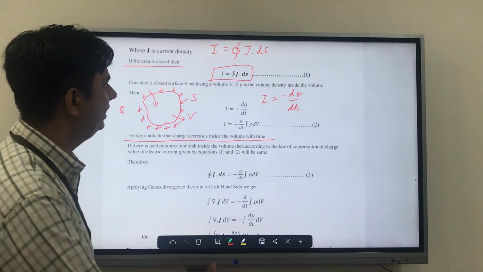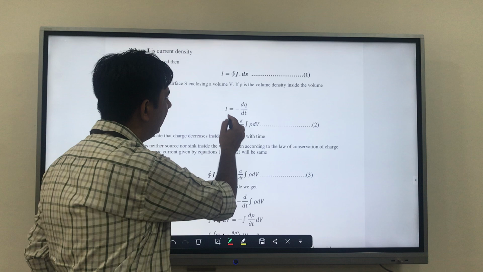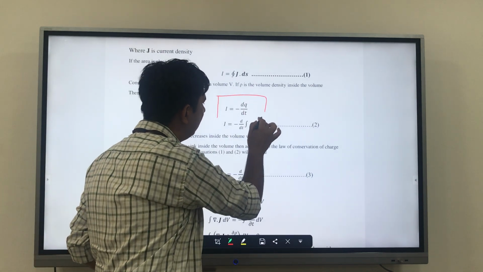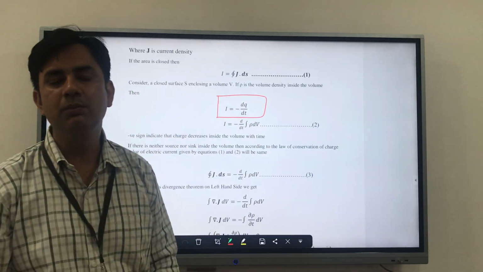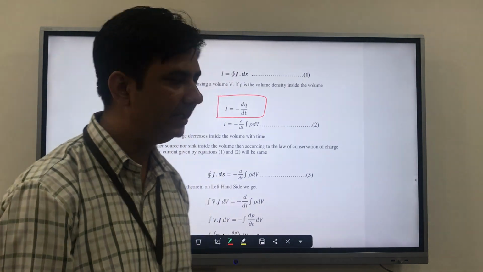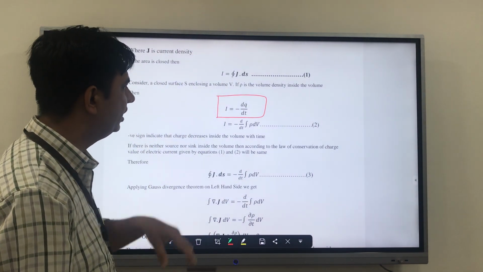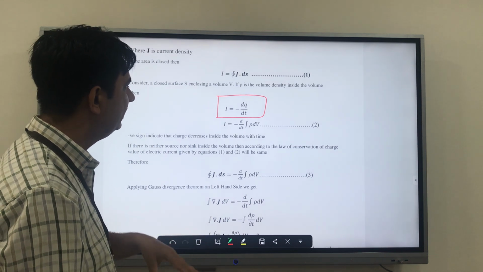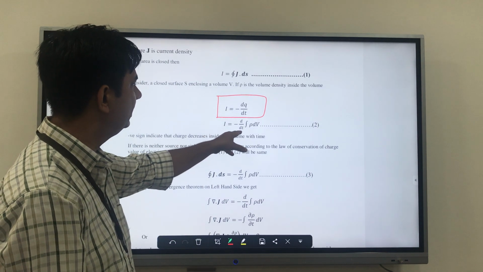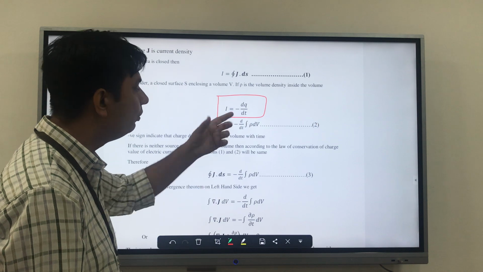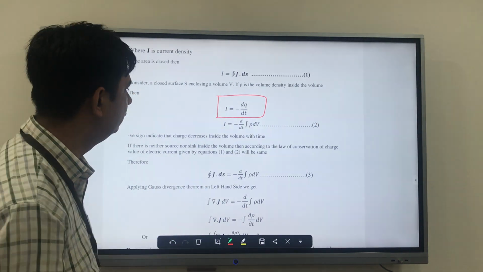Because of that, we have used I is equal to minus dq by dt.